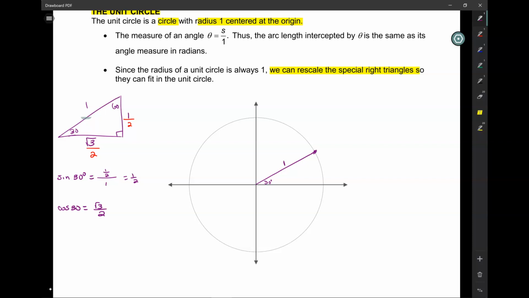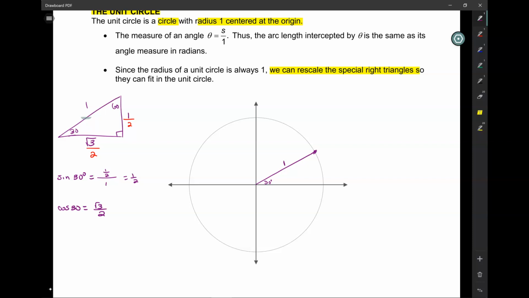No more adjacent over hypotenuse, because the hypotenuse is always 1. Now if I were to ask you, what's the sine of 60? Sine of 60 is just the opposite side, root 3 over 2. Cosine is just the adjacent, 1/2.